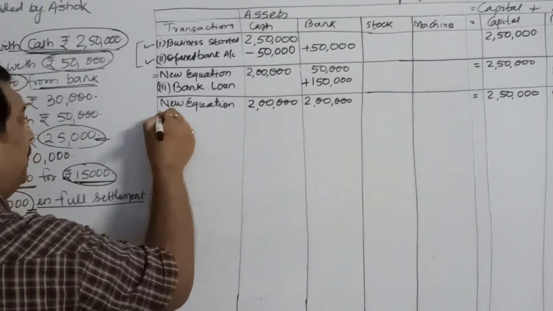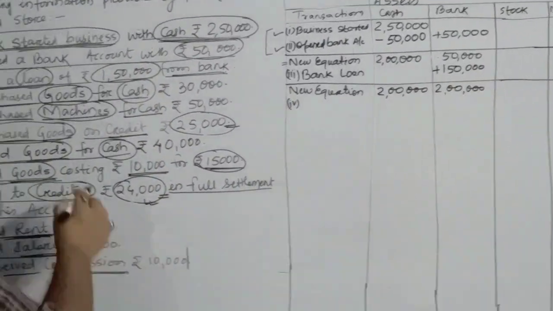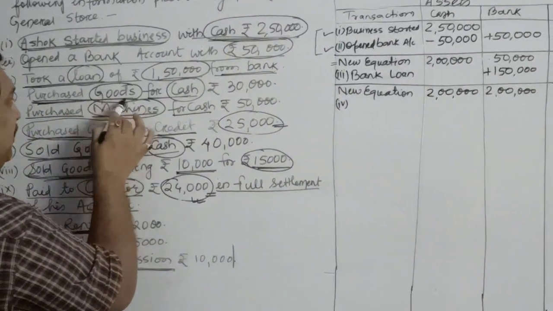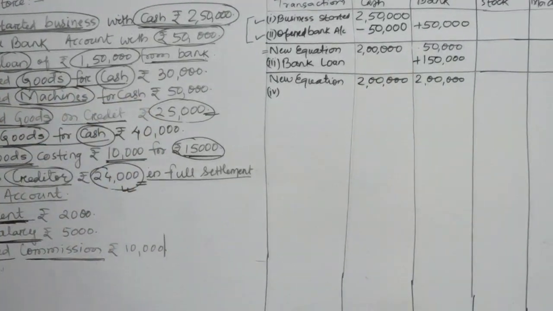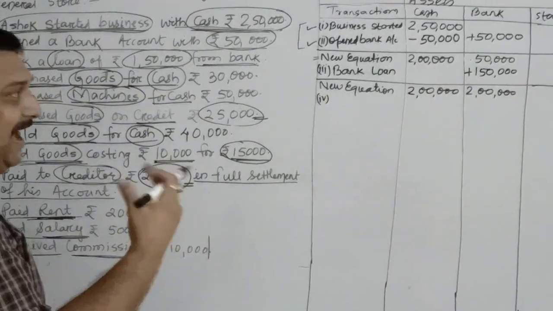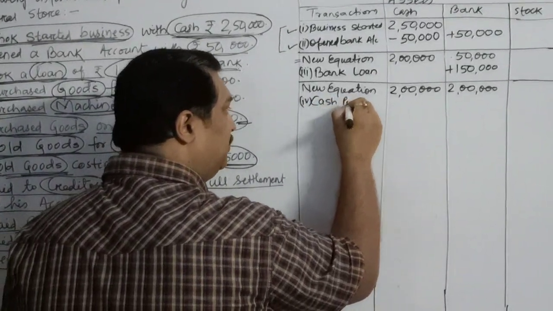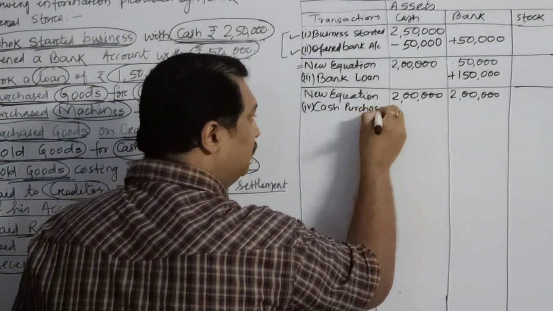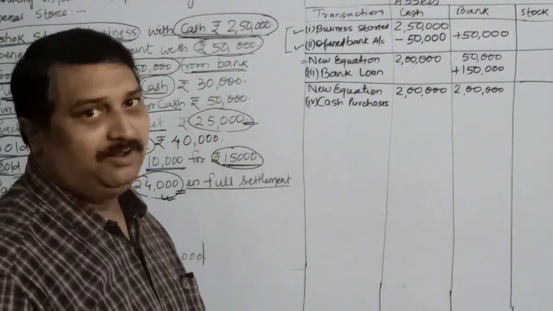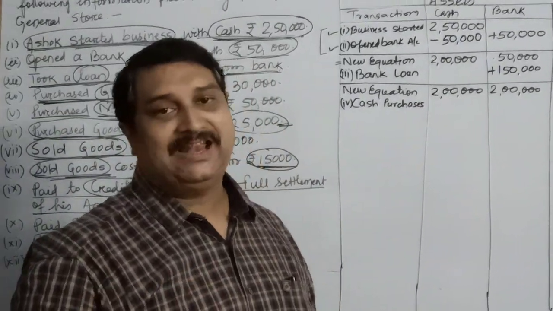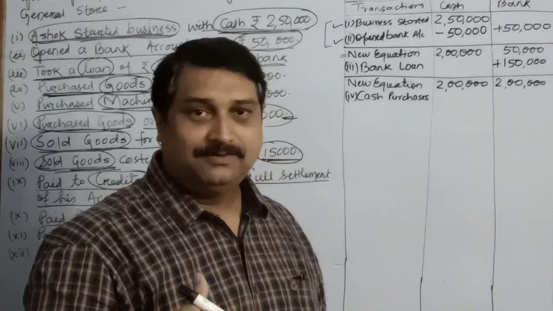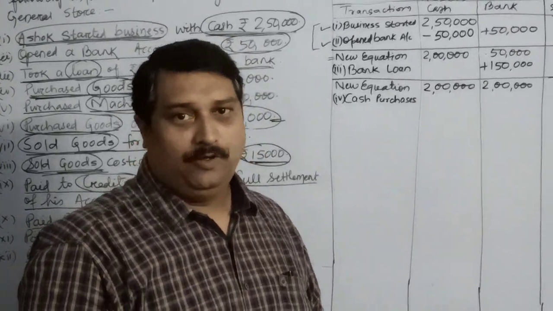Now transaction number 4. What is transaction number 4? We have purchased goods for cash. So here I'll write cash purchases. When I buy goods for cash, what is the effect on the business?